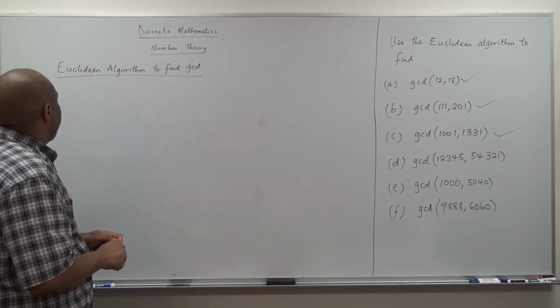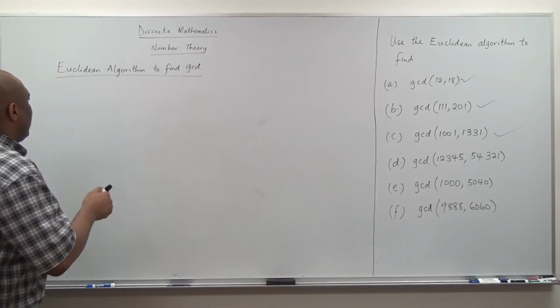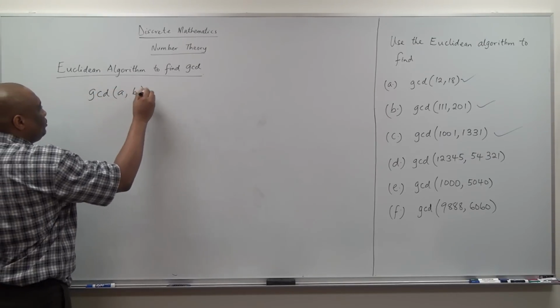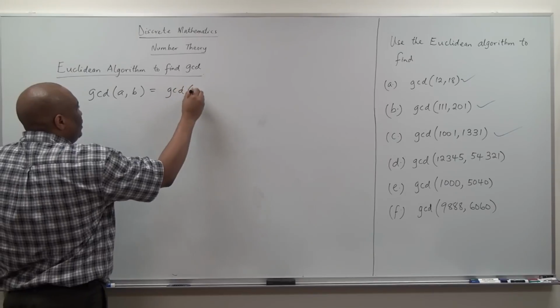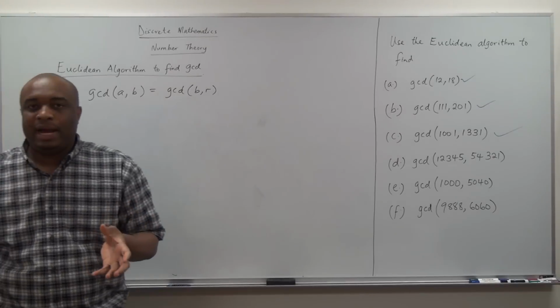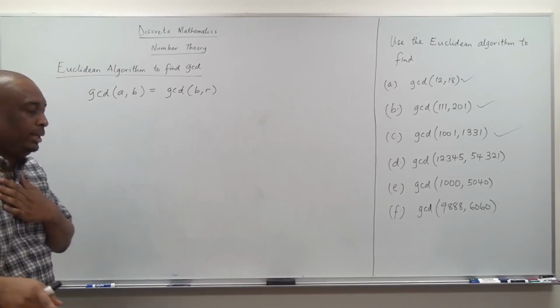Okay, so remember in the Euclidean algorithm there are some things you need to know. First of all, you have to know that GCD of A and B will give you the GCD of B and R. A is the dividend, B is the divisor, R is the remainder. Just know that.